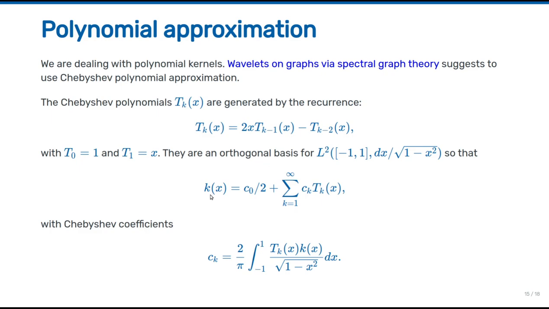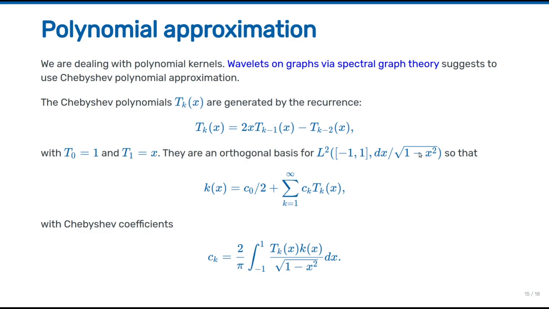So you can parameterize your kernel in this Chebyshev polynomial basis. And indeed, if you want to compute the c_k, it's obtained as more or less the inner product of the kernel with the k-th Chebyshev polynomial with respect to this special measure for which the Chebyshev polynomials are orthogonal.